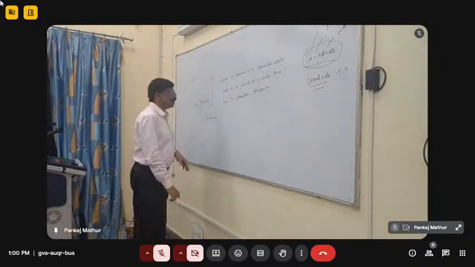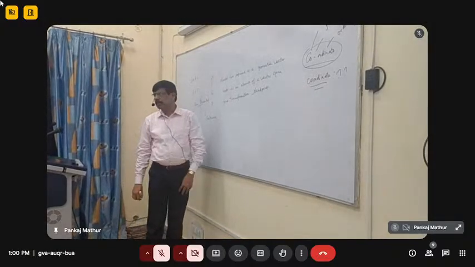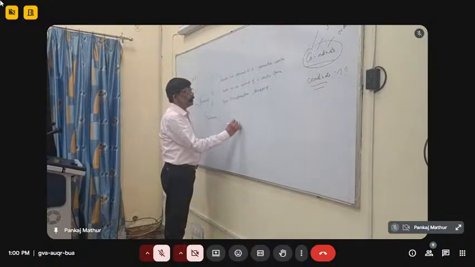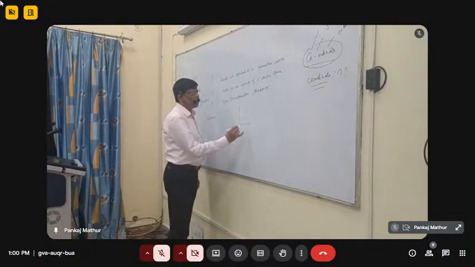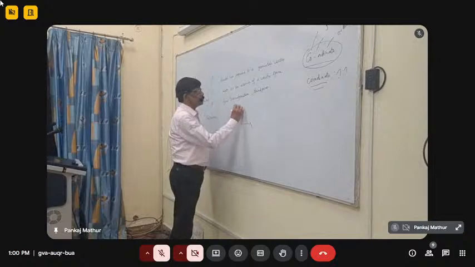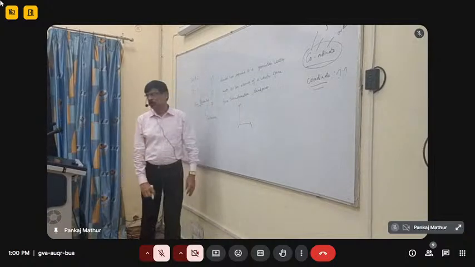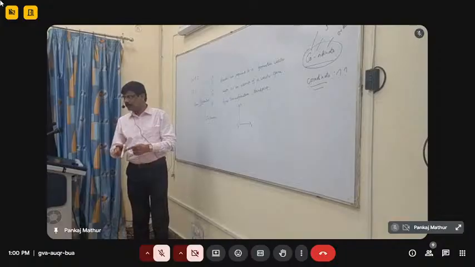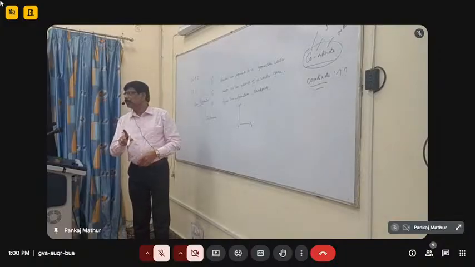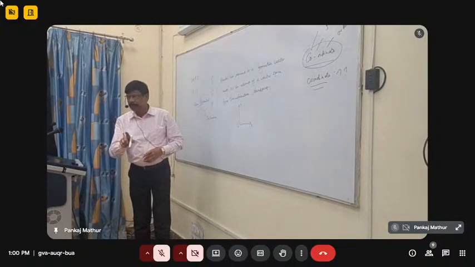Next, how will we introduce a coordinate system in the Euclidean plane or Euclidean space? This is the origin, x-axis, y-axis. Axis means a directed line, only a directed line.